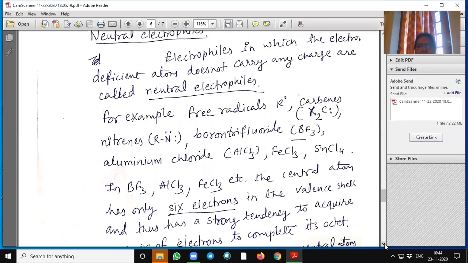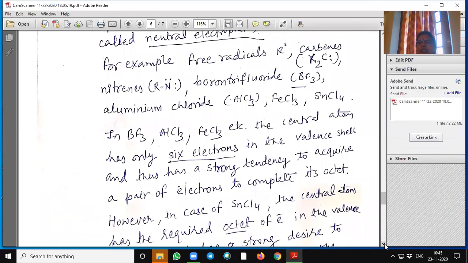In BF3, boron trifluoride, aluminum chloride, FeCl3, etc., the central atom has only 6 electrons in the valence shell and thus has a strong tendency to acquire a pair of electrons to complete its octet.